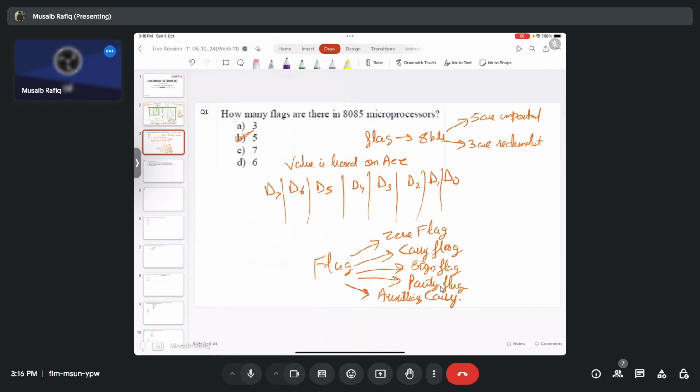So can anyone tell me when the zero flag is 1 and when it's 0? When will the zero flag be equal to 1?